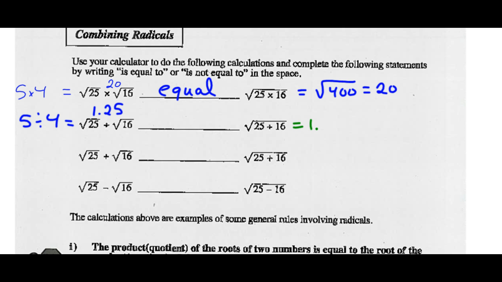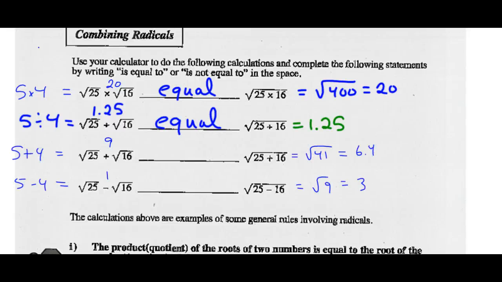So we would say that these are also equal. You guys try the second and third examples here and then see what we get. Square root of 25 is 5, square root of 16 is 4, 5 plus 4 is 9. 25 plus 16 is 41, so square root of 41 is 6.4. These are not equal. And if we look at the subtraction, 5 minus 4 is 1. 25 minus 16 is 9. The square root of 9 is 3. So 1 does not equal 3. So these are not equal.